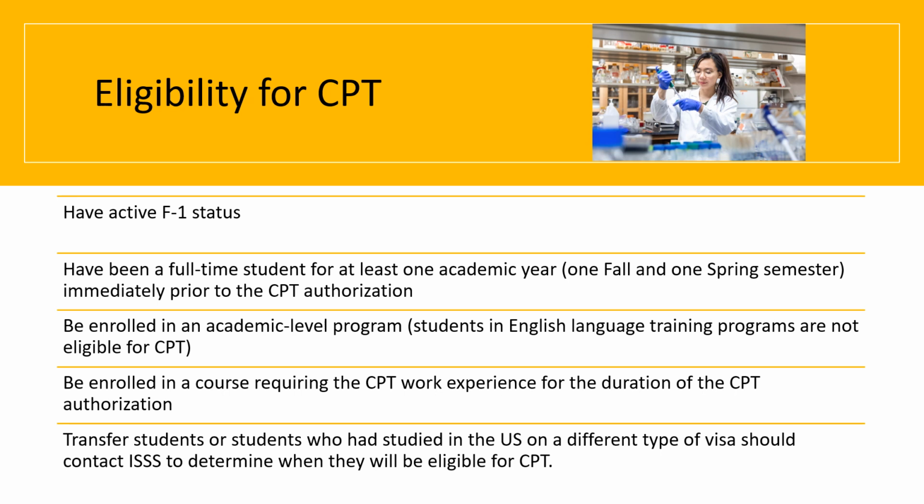Students in English language training programs are not eligible for CPT. Be enrolled in a course requiring the CPT work experience for the duration of the CPT authorization. Note, transfer students or students who had studied in the U.S. on a different type of visa should contact ISSS to determine when they will be eligible for CPT.